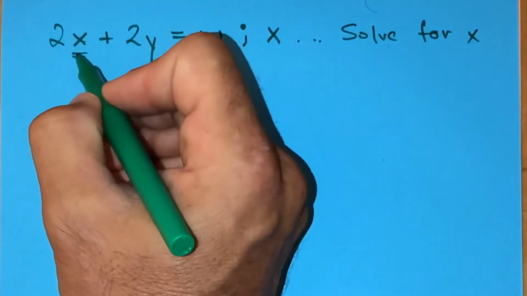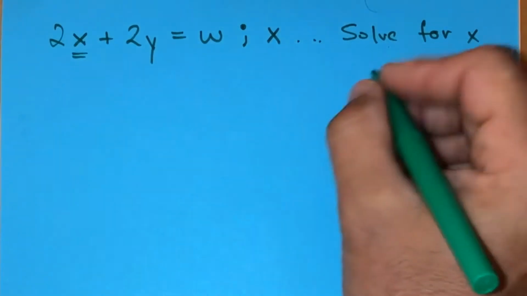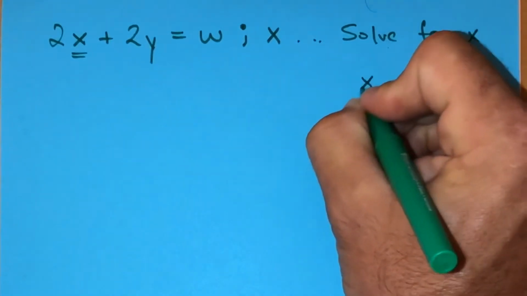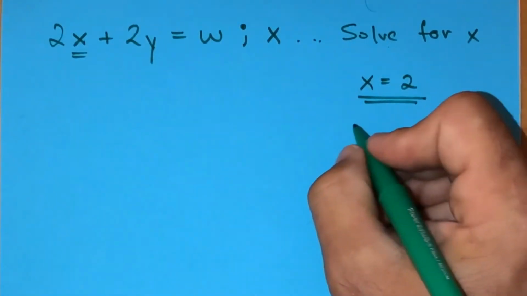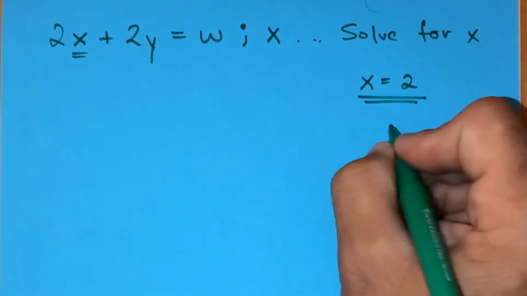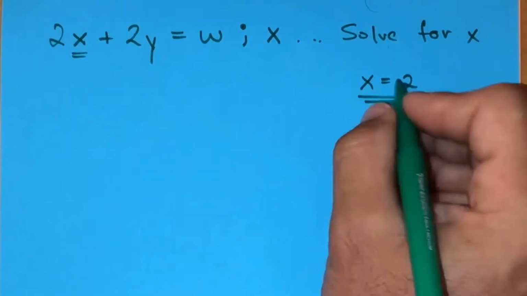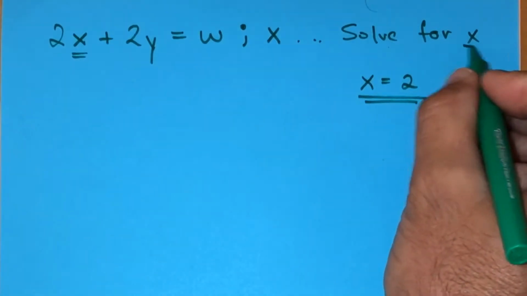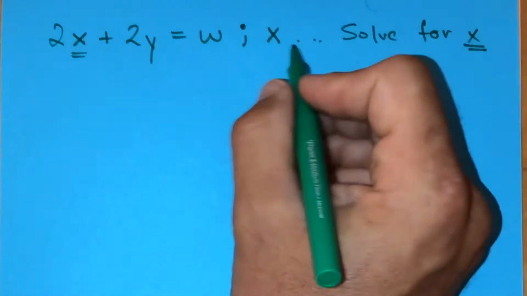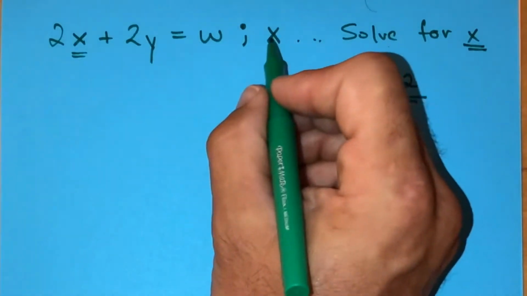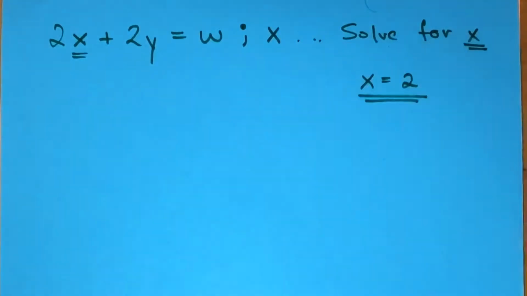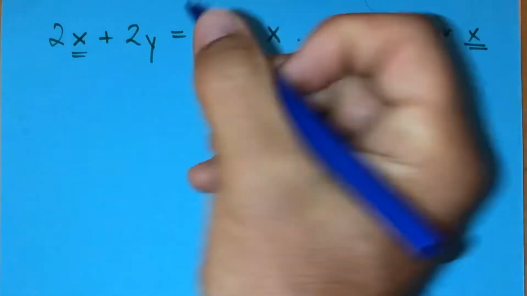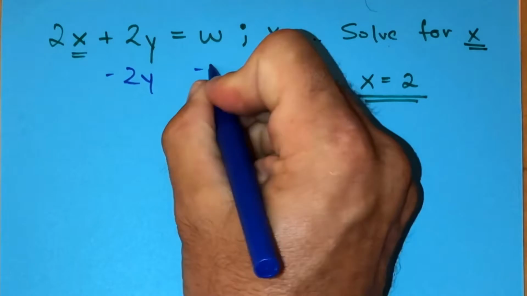Usually we're used to solving for a letter and getting that letter to equal a number, but we just showed that we had an emoji equal to other emojis. So solving for a letter could just mean getting that letter by itself to show what that letter is in respect to everything else. And in order to do that, we would subtract 2y from both sides.